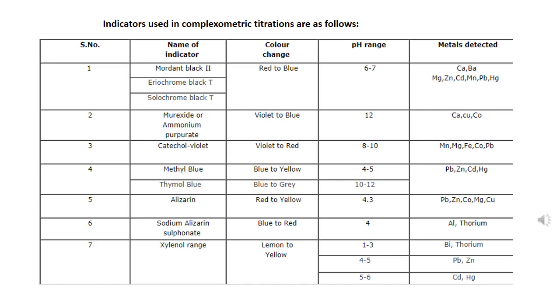So xylenol orange is used for different metals, bismuth, thorium, lead, zinc, cadmium, and mercury, but the pH ranges are different for the formation of different metal complexes.